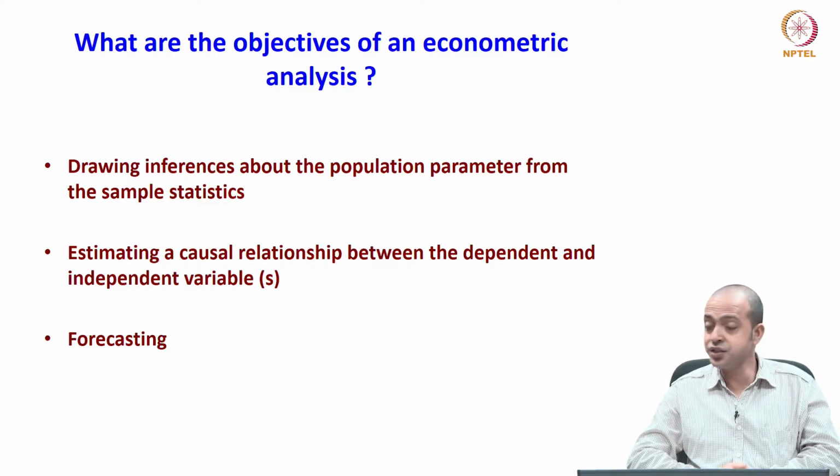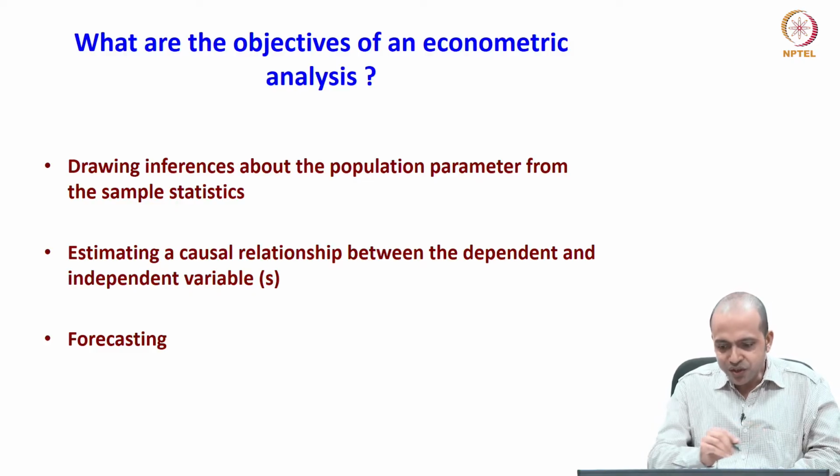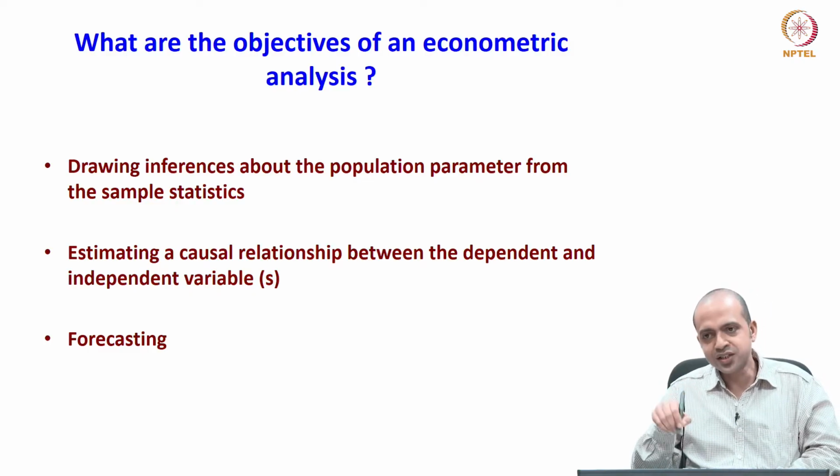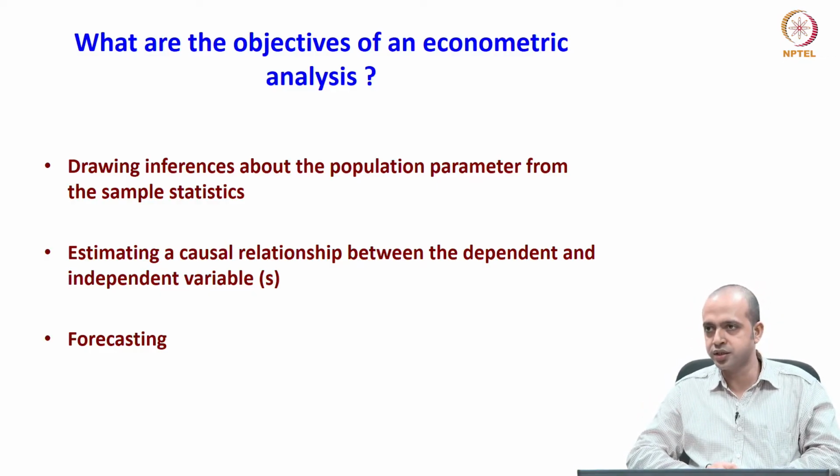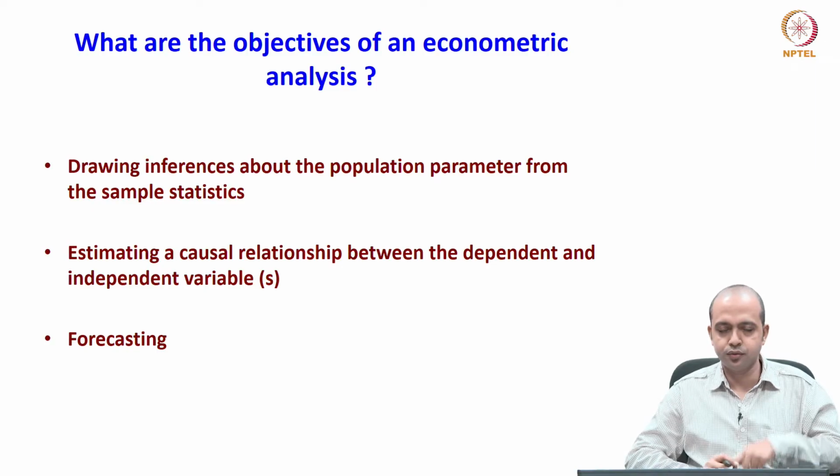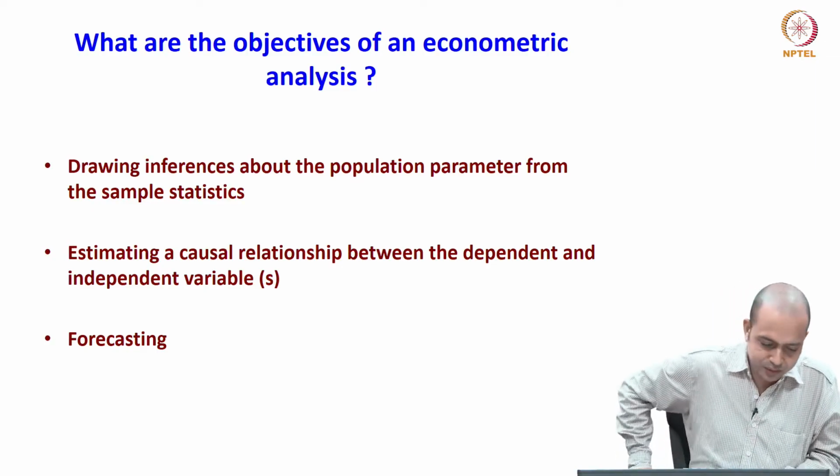Econometric analysis per se will not tell you what should be your dependent and independent variable. Okay. So once you specify your dependent independent model, then you can actually establish the causal relationship by looking at the values of that beta hat that you have estimated from your model.